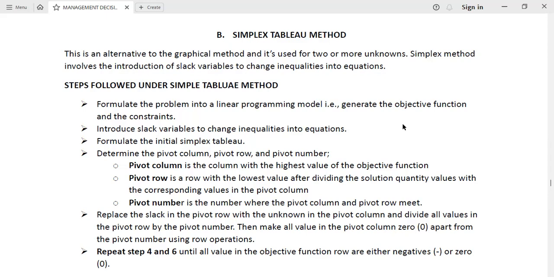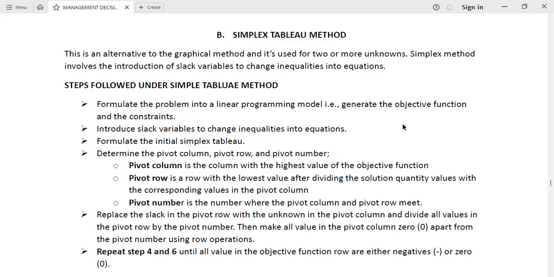The graphical method works on two because on a graph we always have the y-axis and the x-axis. If the examiner brings three unknowns, there is no way you are going to plot three coordinates on a graph. That's why we limit that one to only two unknowns. But the simplex method works on all unknowns.